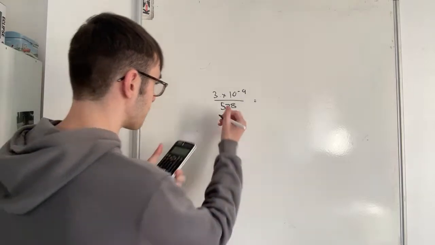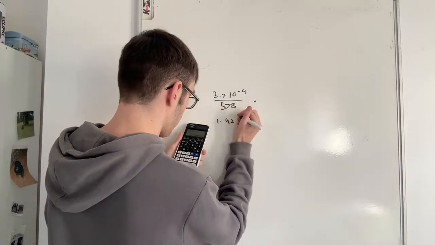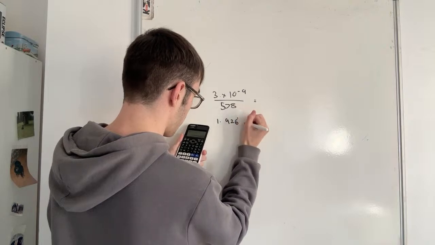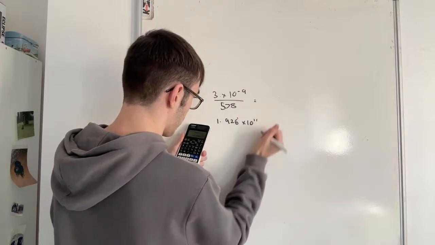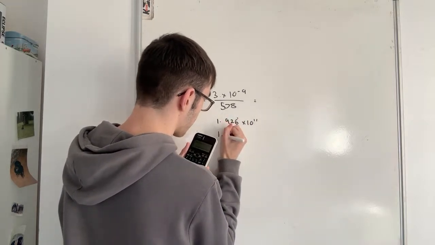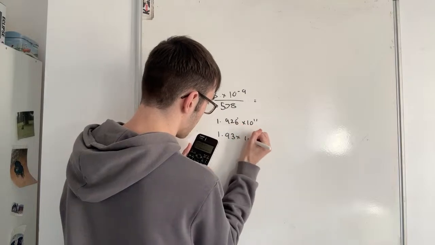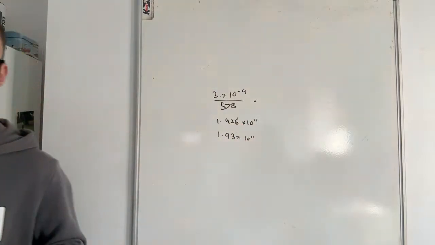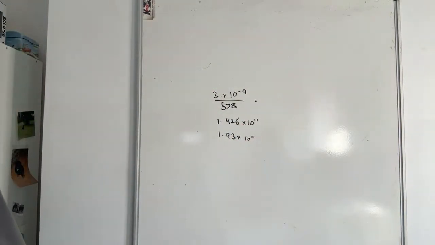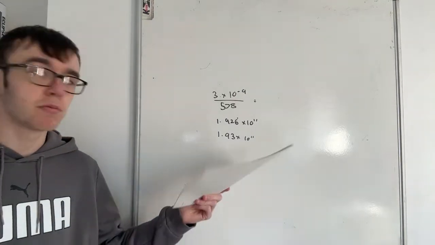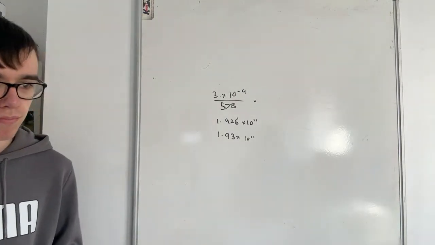Yes, we get 1.926 recurring times 10 to the power of 11. Or we could realistically just round this. So it is approximately, I mean, what's 11 figures?